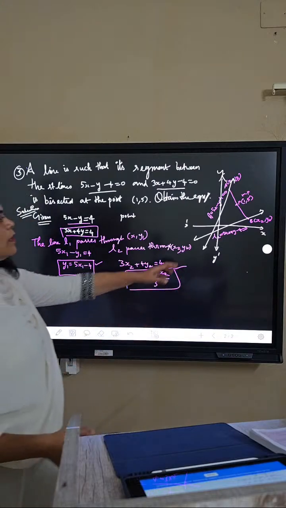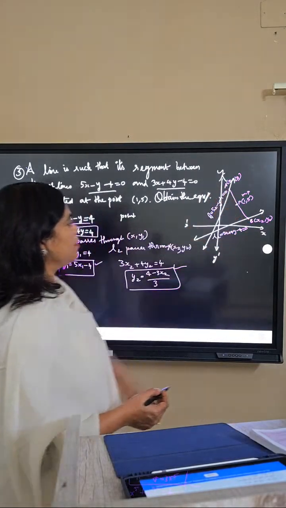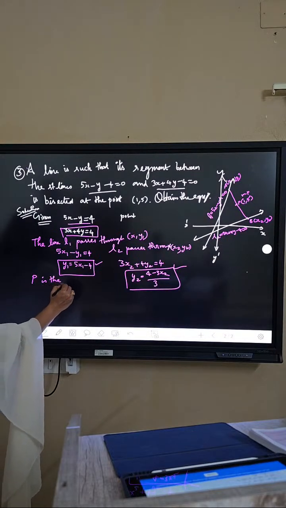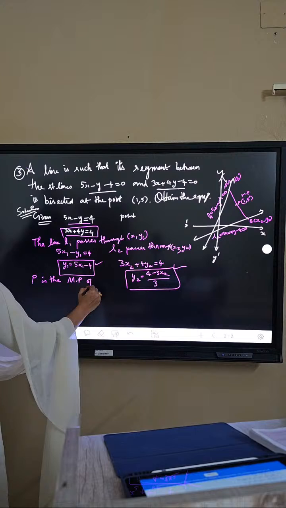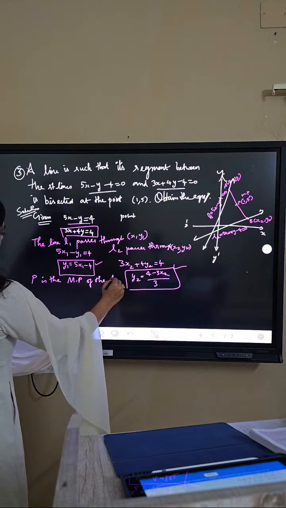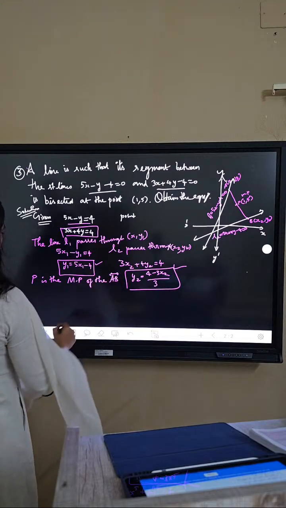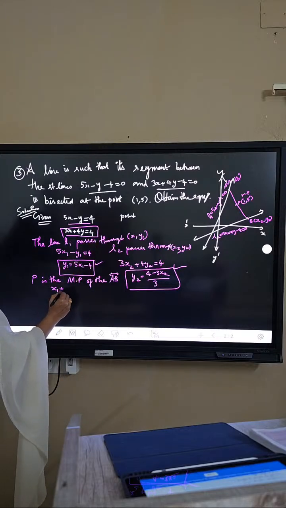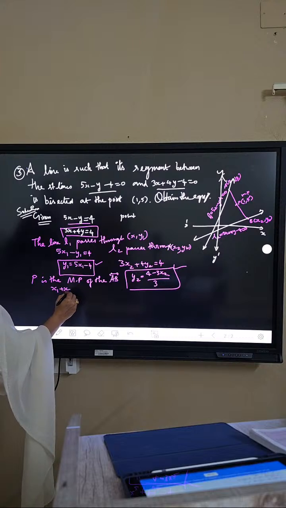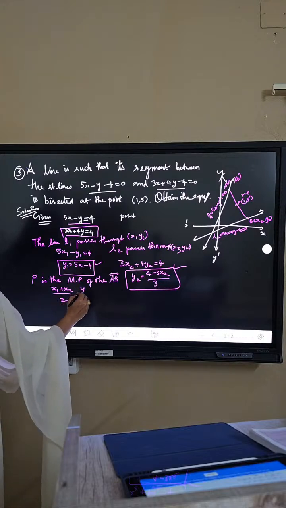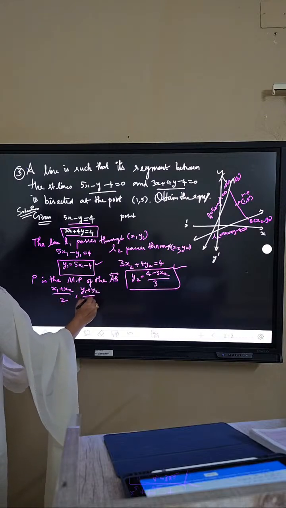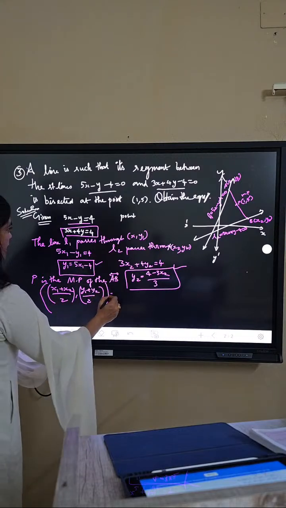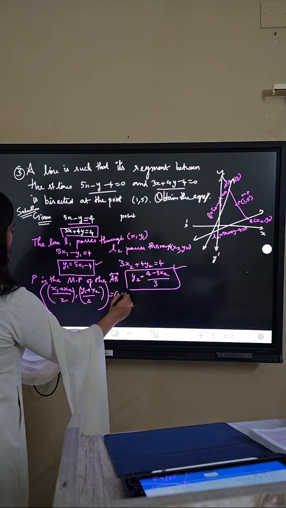And then what is the midpoint? Midpoint of AB is P. So now P is the midpoint of the line segment AB. What is the midpoint formula? x1 plus x2 by 2, comma y1 plus y2 by 2. So this, as I said, will be 1 comma 5.